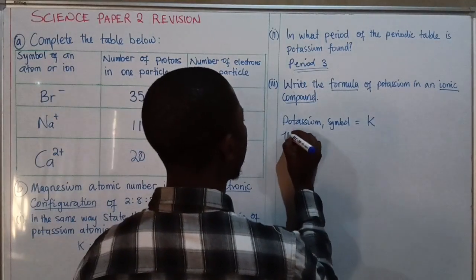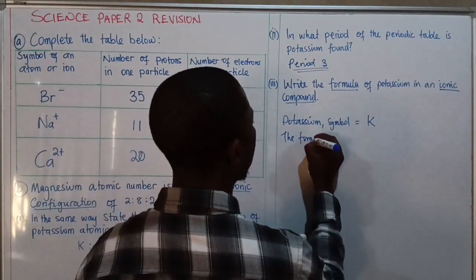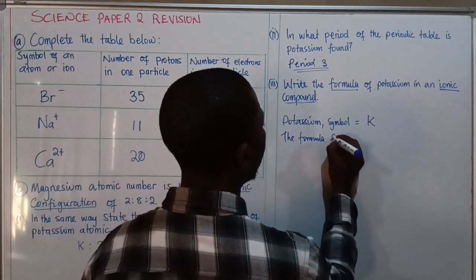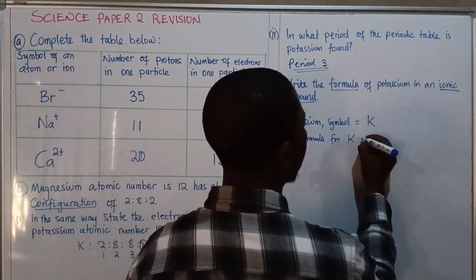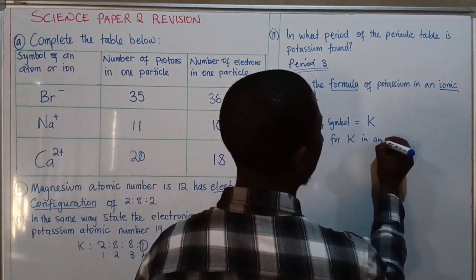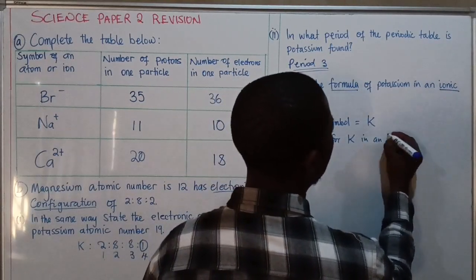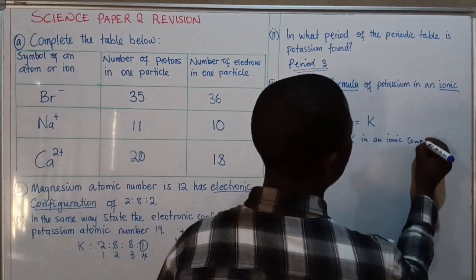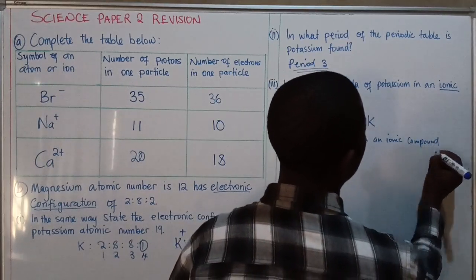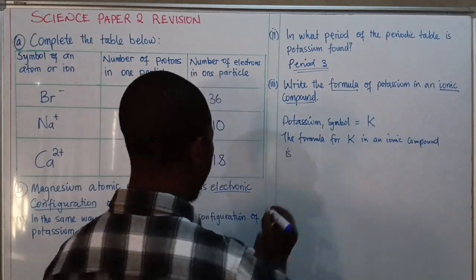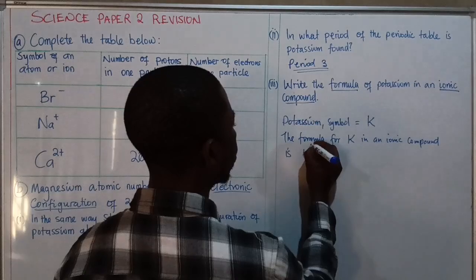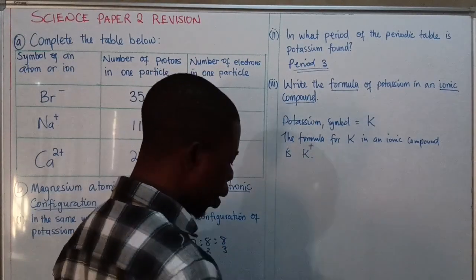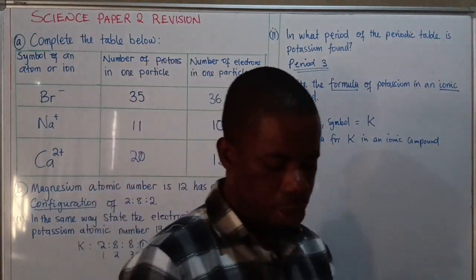The formula for potassium in an ionic compound is K plus. Just like that, guys.